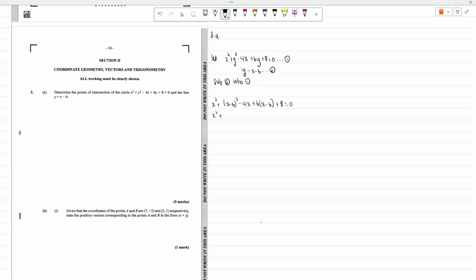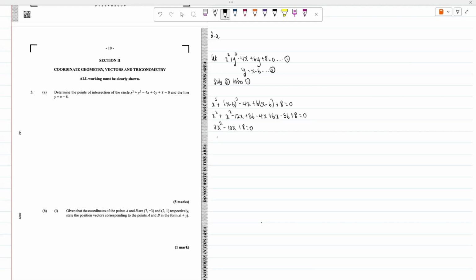X squared plus x squared minus 12x plus 36 minus 4x plus 6x minus 36 plus 8 is equal to 0. 2x squared, minus 12 minus 4 is minus 16, minus 16 plus 6 is minus 10x, and plus 36 minus 36 is 0, plus 8.